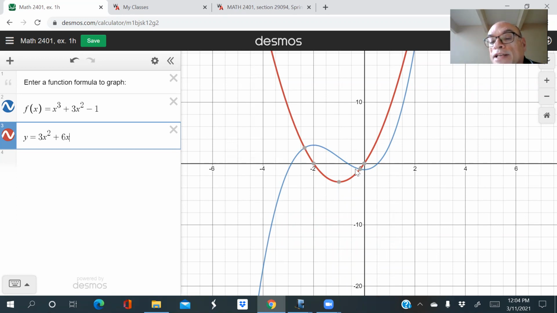Where the blue function is decreasing, from here to here, the derivative is below the x-axis, so that means it's negative. And then back here, where the blue function is increasing again, the derivative is above the x-axis again, so that means it's positive. So your answers were correct, Van, and that's borne out by this picture, okay?